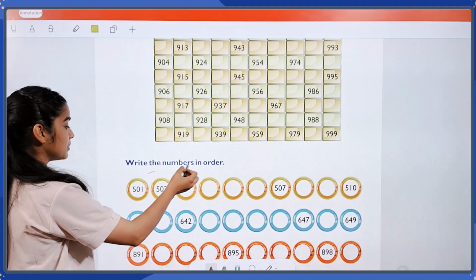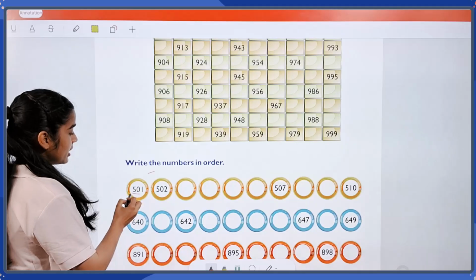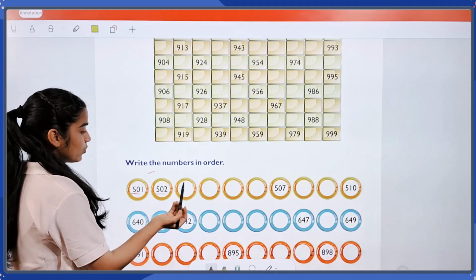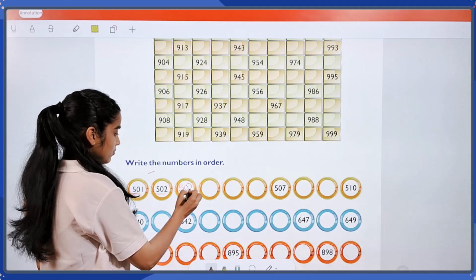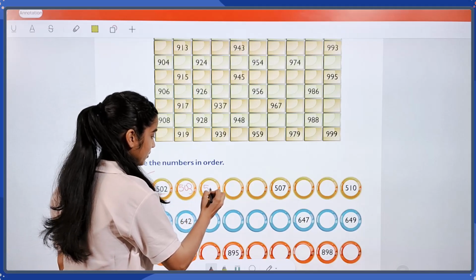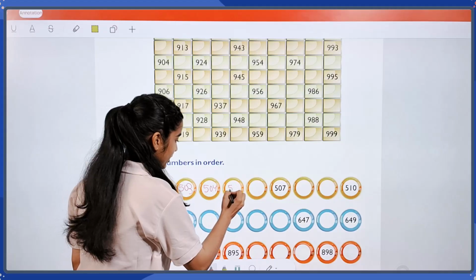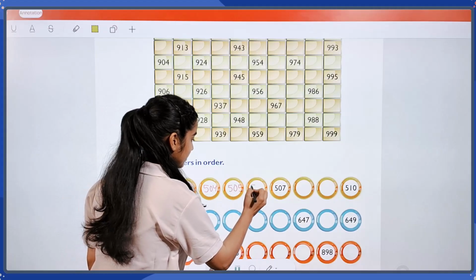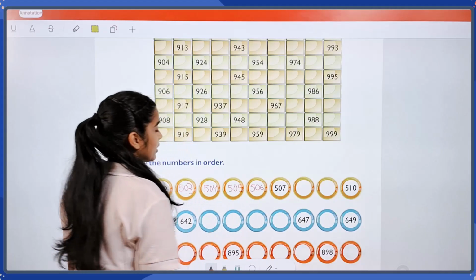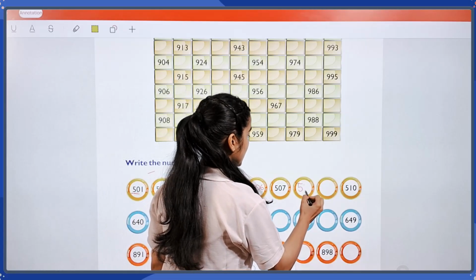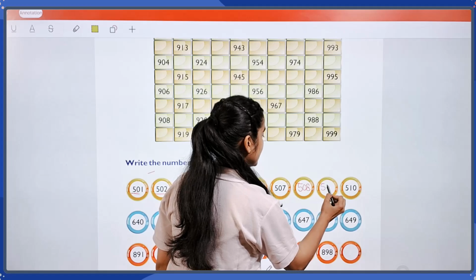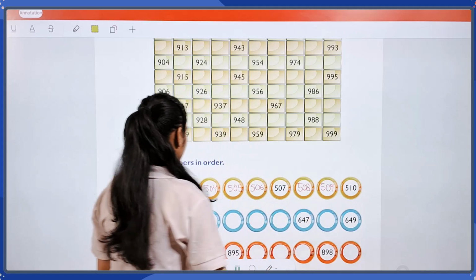Now write the numbers in order. So we have 501, 502. What comes after 2? 503, 504, 505, 506. All of you repeat after me. 507, 508, 509, and at the end we have 510.